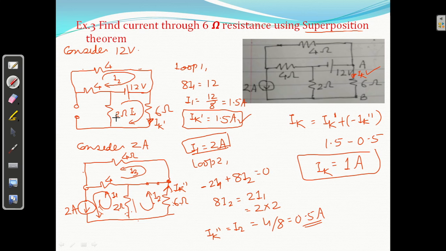Voltage source है तो short, current source है तो open. In general, otherwise it will be replaced by their internal resistance.